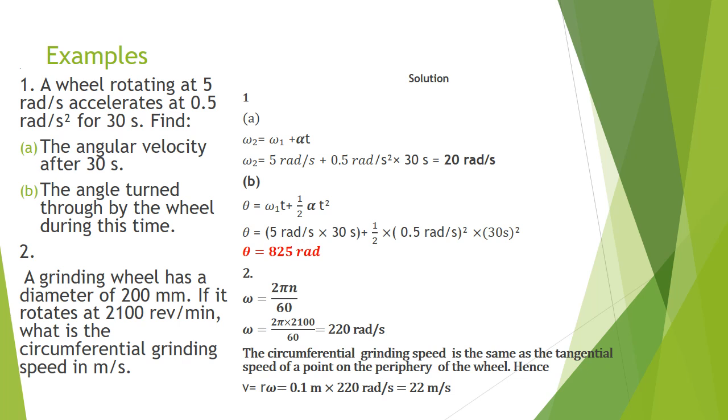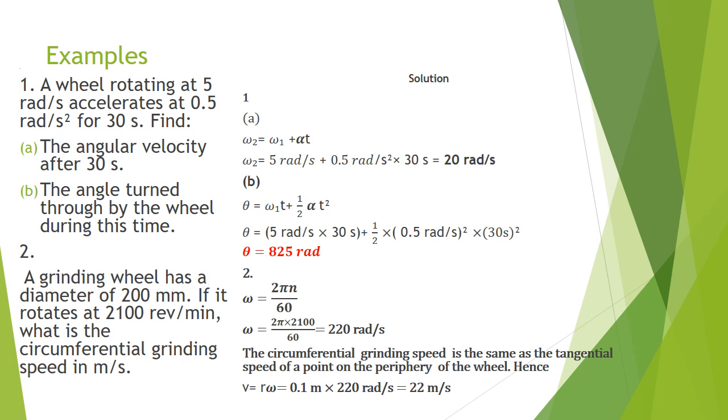Question 2. A grinding wheel has a diameter of 200 millimeters. If it rotates at 2,100 rev per minute, what is the circumferential grinding speed in meters per second? So there, we are going to use the formula omega is equal to 2 pi n divided by 60.